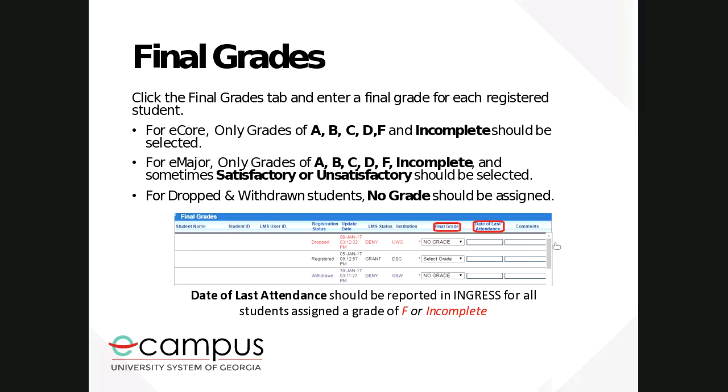Now, what if we have a student that dropped? For a student that dropped, we just leave that drop-down box at no grade. The only additional piece of information is, what if the student received an F or incomplete?